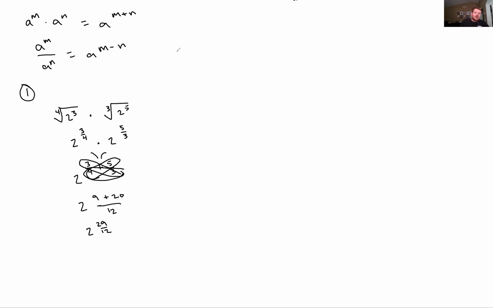Okay. So number 2, let's say choose a different base here. We have the fifth root of 3 squared divided by the cube root of 3 to the 4th power. So this is our quotient rule because we're dividing. So you have 3, rewrite it as a fractional exponent, to the 2/5 over 3 to the 4/3. Our quotient rule says we need to keep the base and subtract the exponents.